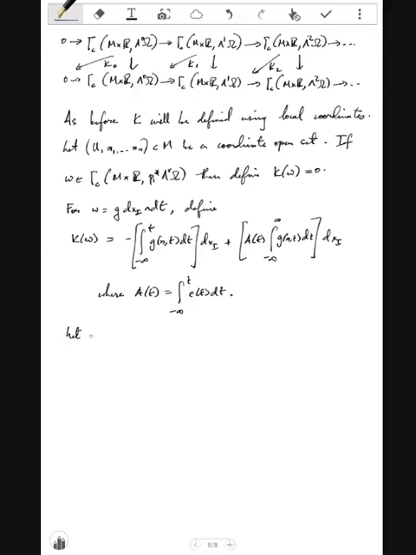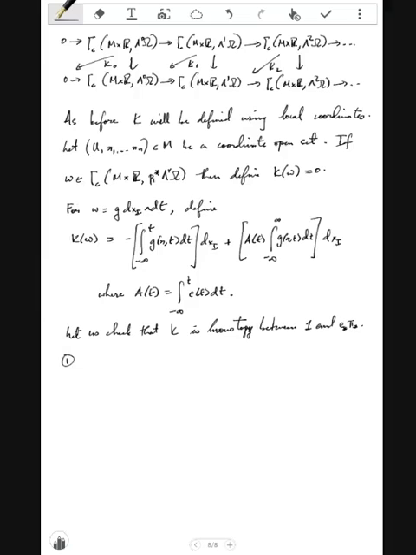Let us check that k is a homotopy between 1 and e lower star pi lower star.